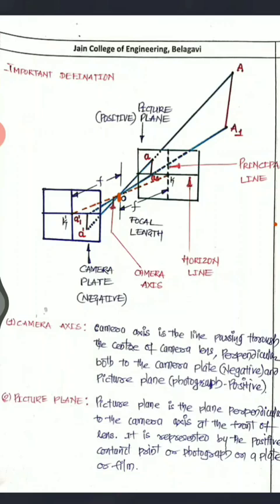This is your center point, which you can call the perspective center. This is O and this is K. The distance between O and K we call F, that is your focal length. Similarly on this side, the distance between K dash and O is also your focal length.